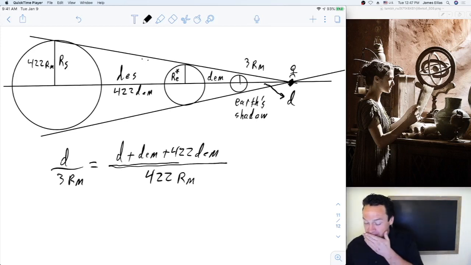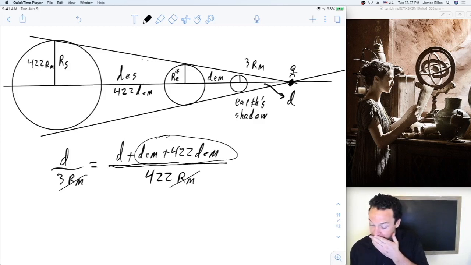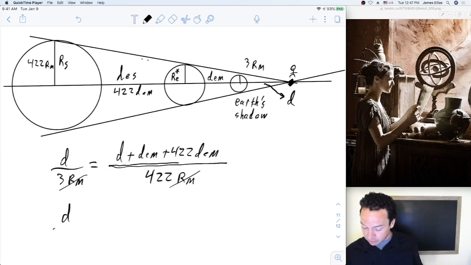Okay. So this is actually not looking too bad. Look at this. We got RM on both sides. Those algebraically cancel. And then if you look, these two are like terms, so we can just add them up. So let's rewrite this equation with a little bit more simplicity. 422 DEM plus DEM is 423 DEM.